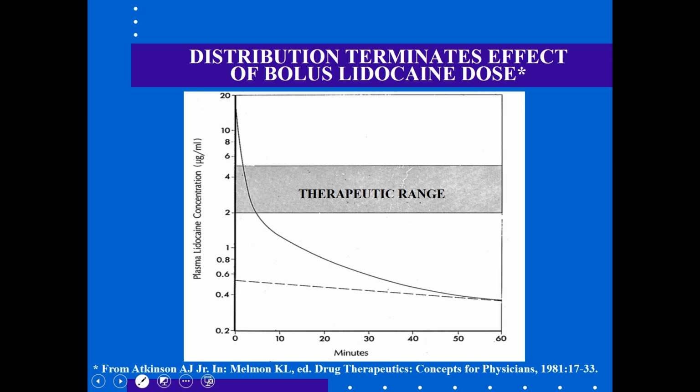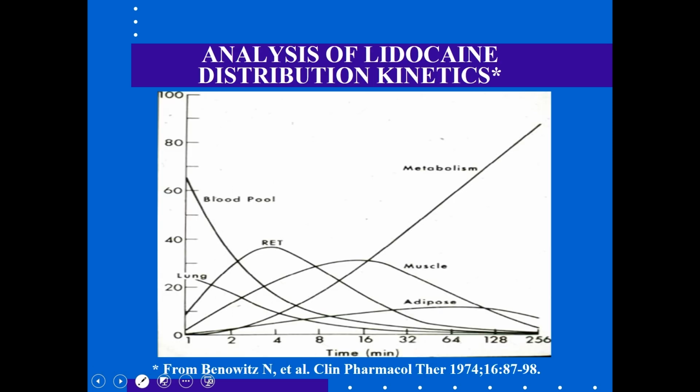And that's not because the patient has eliminated the lidocaine, it's because the lidocaine has redistributed from the intravascular space to rapidly equilibrating tissues, and the metabolic elimination is a relatively slower process.